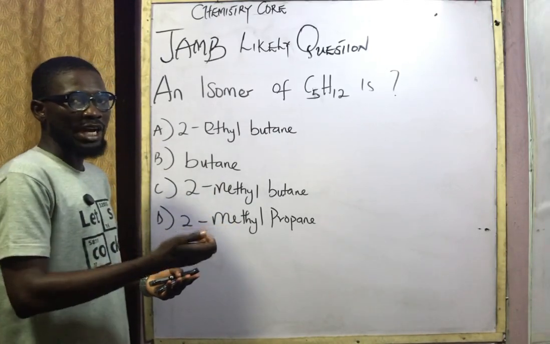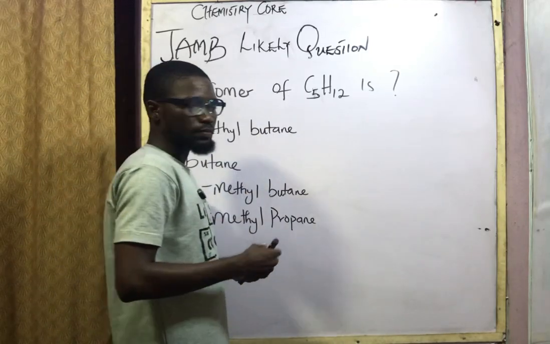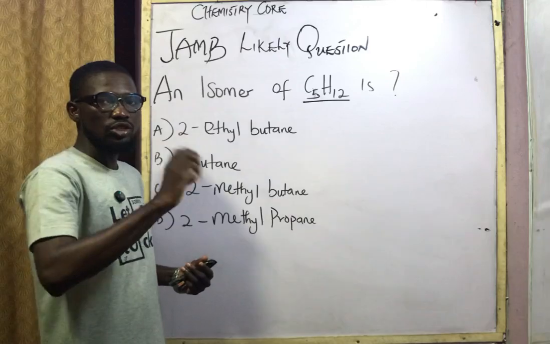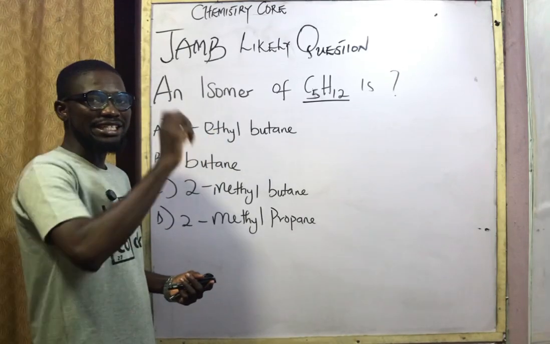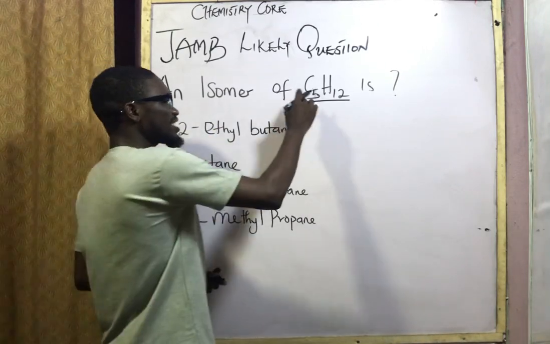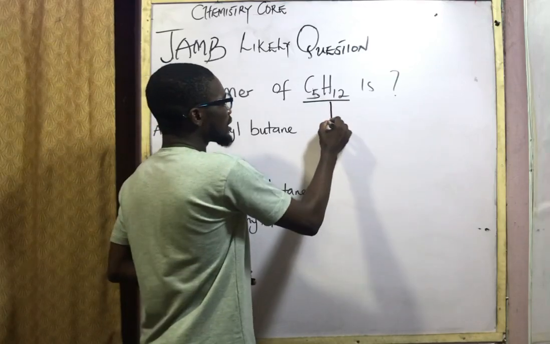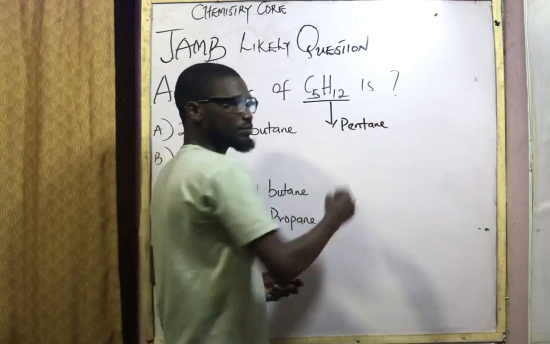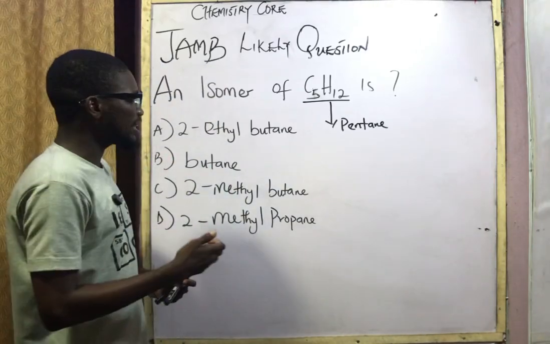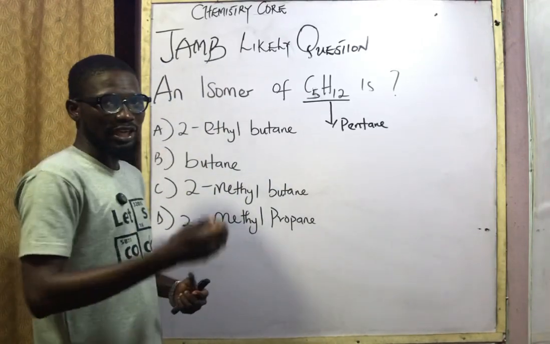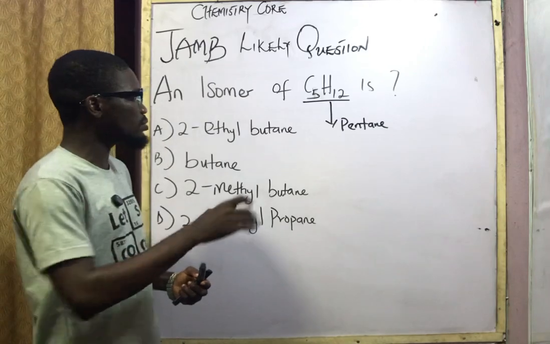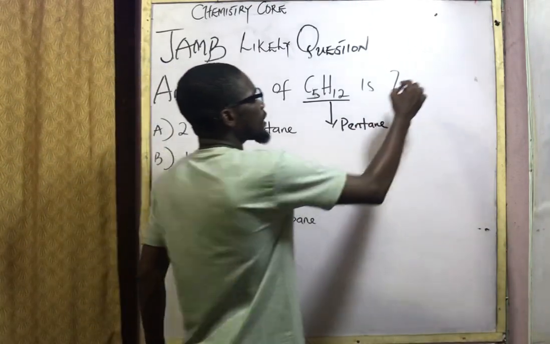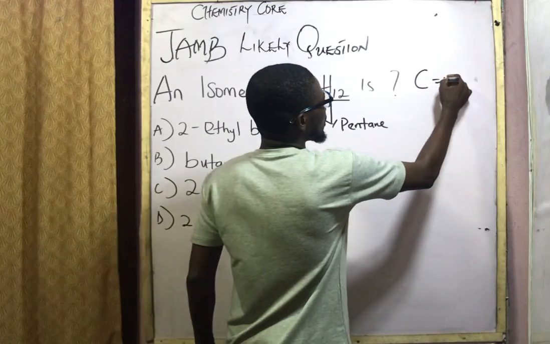The molecular formula is what we have on the board here. Then the structural formula is what we are asked to picture. This C5H12 is known as pentane. So pentane is a good example of alkane, the naming of alkane. So with that, before we deduce the isomer of pentane: if you have a carbon atom of 1, this is methane.